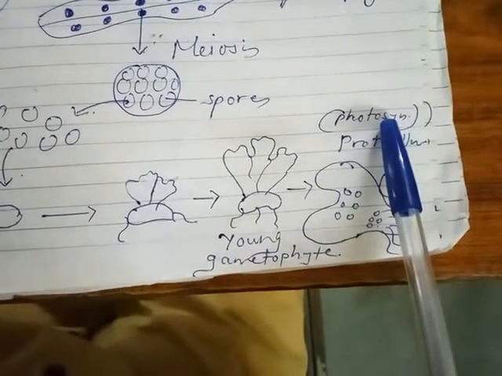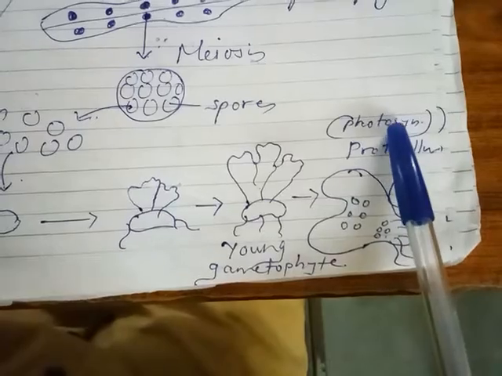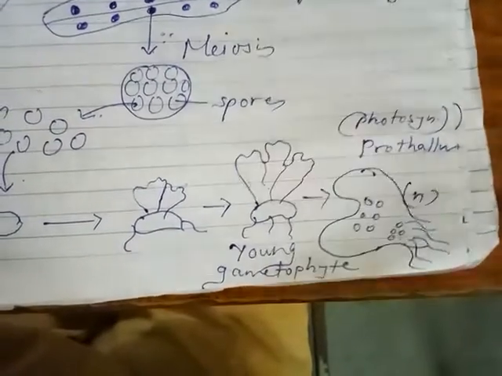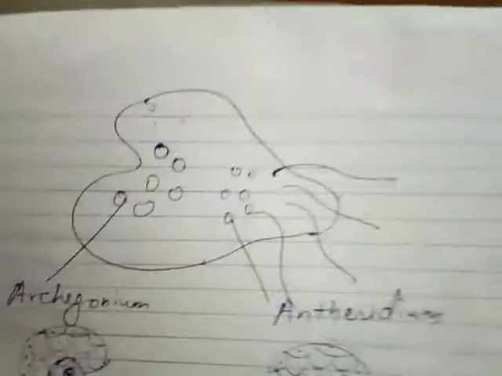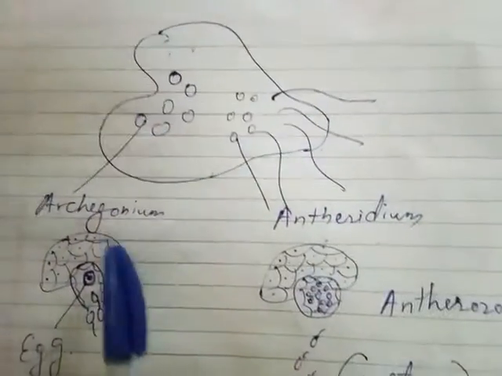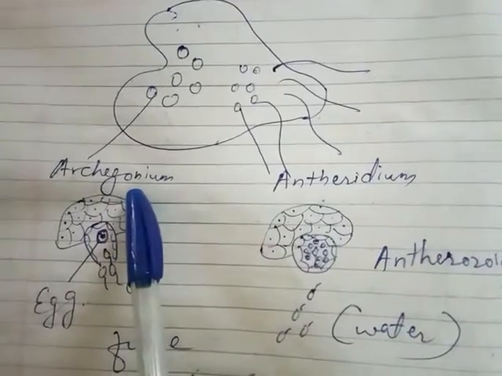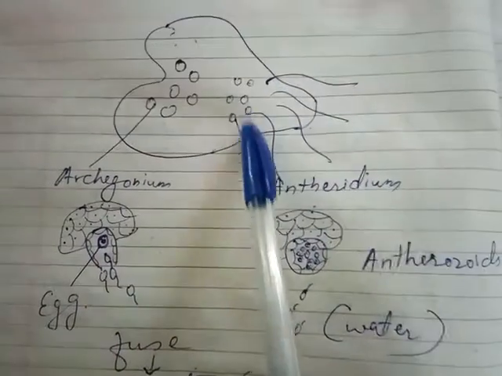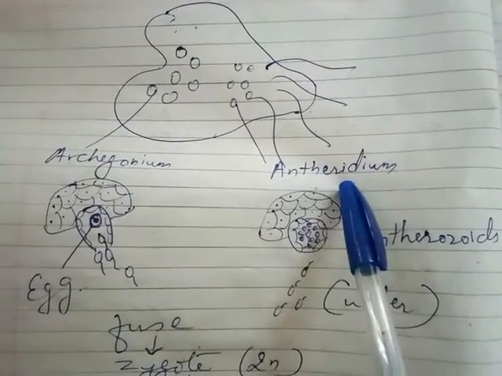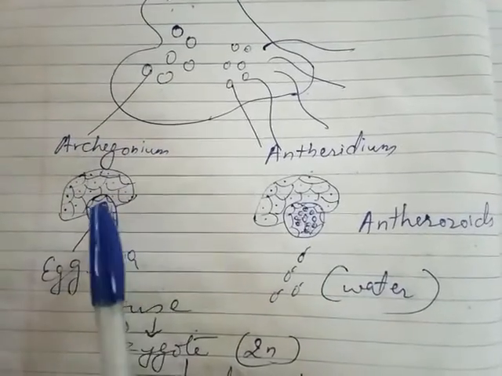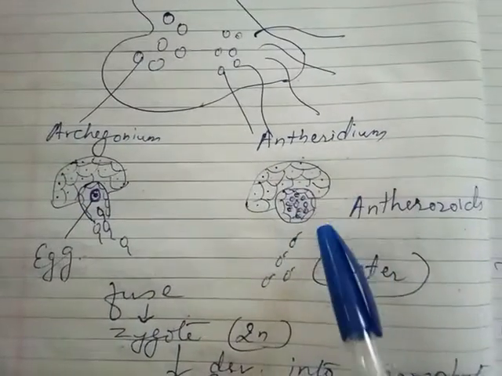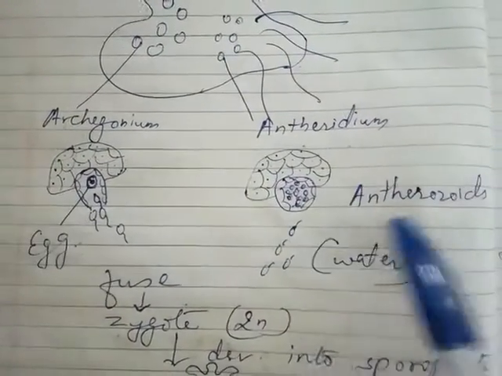It is green in color, so it can carry out photosynthesis. Now this prothallus is having archegonia and antheridia. Archegonium is the female sex organ and antheridium is the male sex organ. Archegonium will be having egg, antheridium will be having antherozoid.